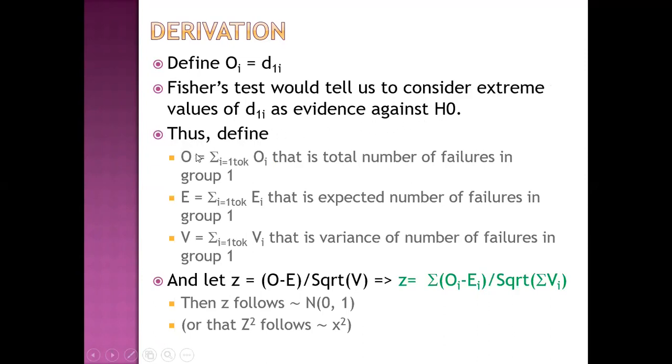And if we define the observed events, expected events, and variance as the summation of these values over all of the event times, then Z, which is defined as observed minus expected divided by the square root of the variance, will follow a normal distribution with mean 0 and standard deviation 1, that is the standard normal distribution. And the square of this statistic will follow the chi-square distribution. So we can use either of these to assess the statistical significance.